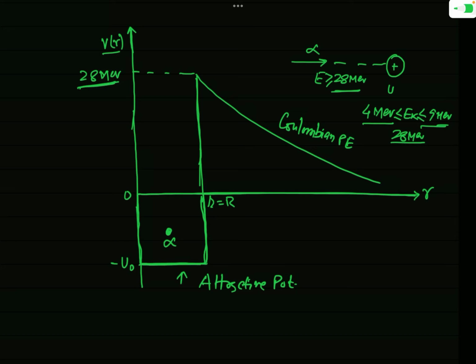So classical physics completely fails. But according to quantum mechanics, there is a finite probability of transmission of this alpha particle through the surface of the nucleus, and this is just the problem of barrier penetration.